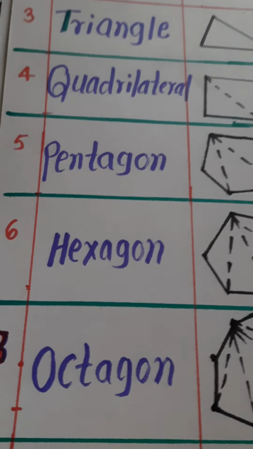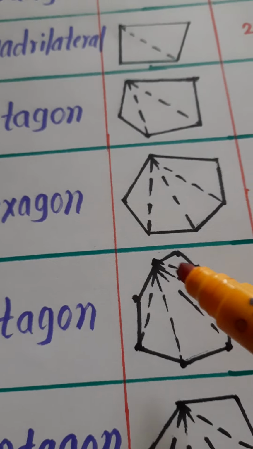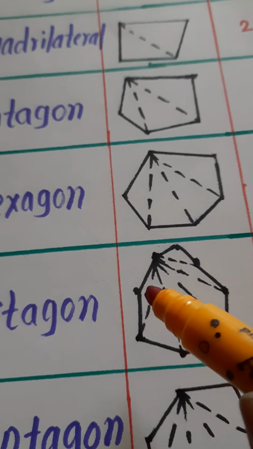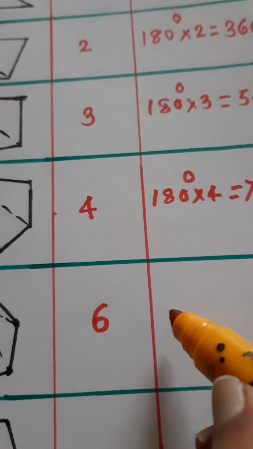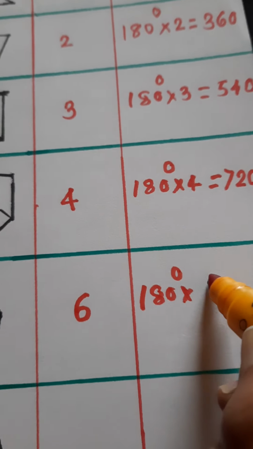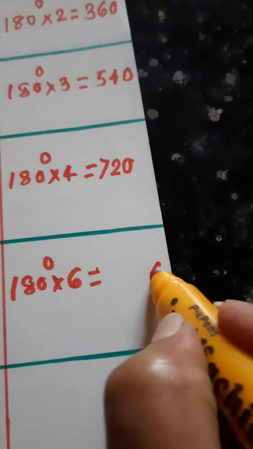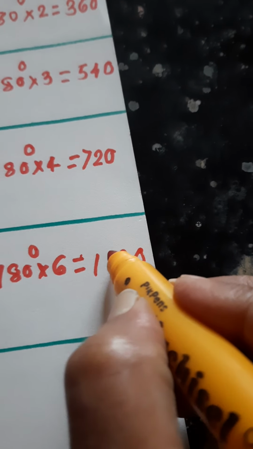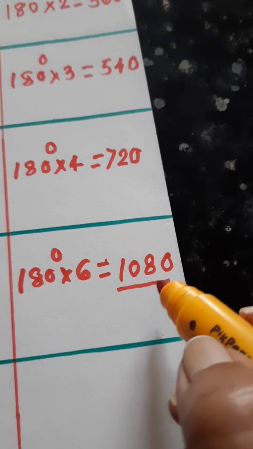Next one, that is octagon, that has 8 sides. They make 1, 2, 3, 4, 5 and 6 triangles, that is 180 degree into 6 is equal to 1080.